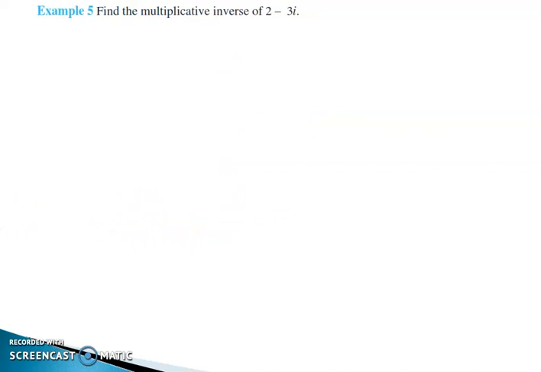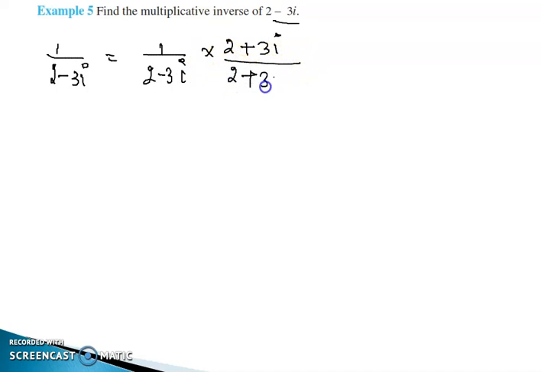Now we will find the multiplicative inverse of 2 minus 3 iota. We have two ways. One: the multiplicative inverse means 1 upon 2 minus 3 iota. Whenever a complex number is in the denominator, remember we will rationalize. So the same steps we will follow. I have multiplied with the opposite sign number 2 plus 3 iota and divided by 2 plus 3 iota.